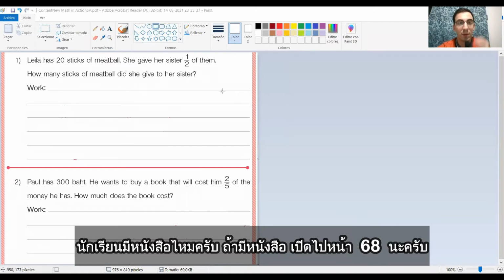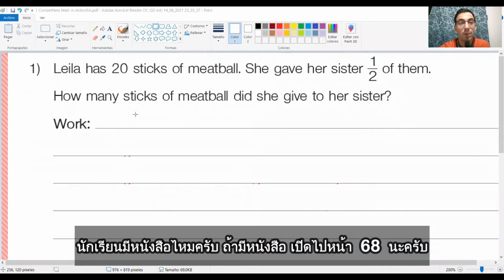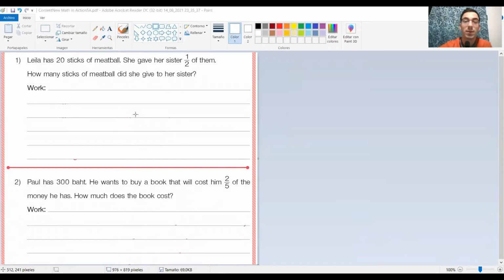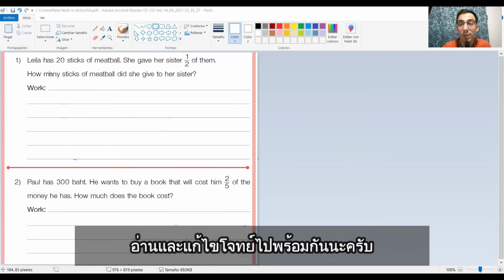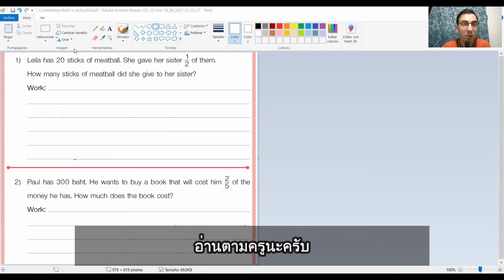Do you have your book? Have you opened your book? Page number 68, word problem number 1. First of all, let's read the word problem together and let's clarify the problem. So please follow my reading.